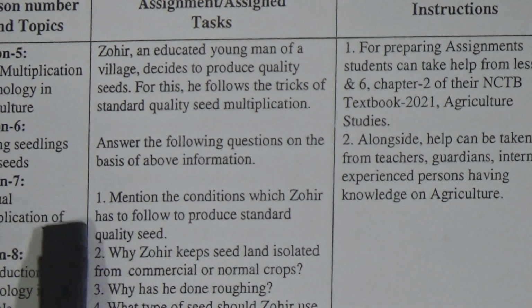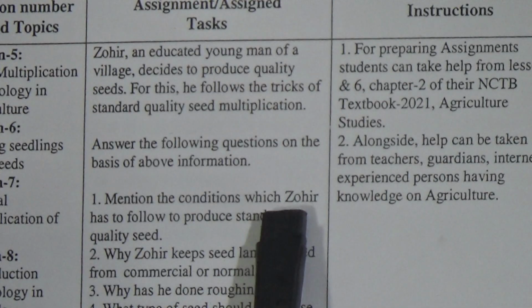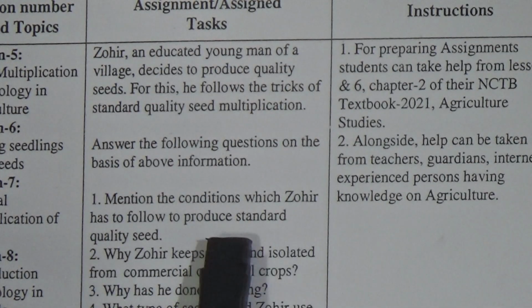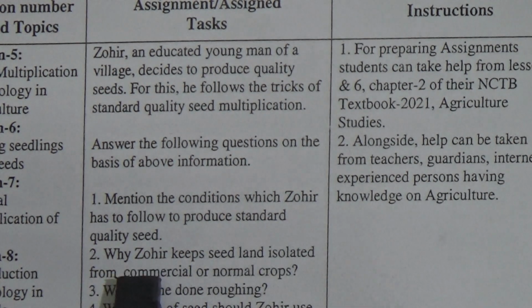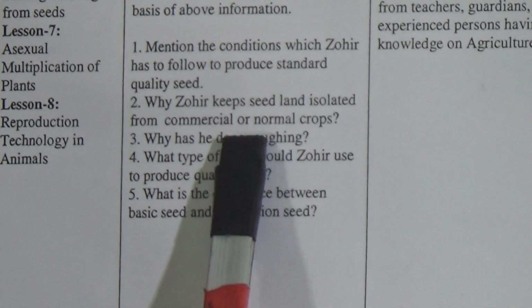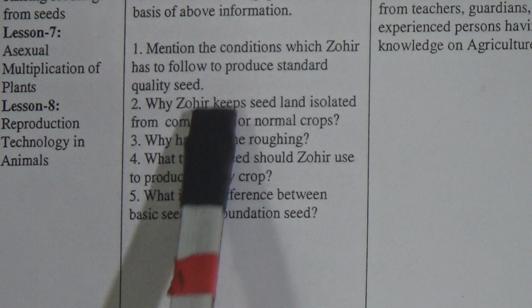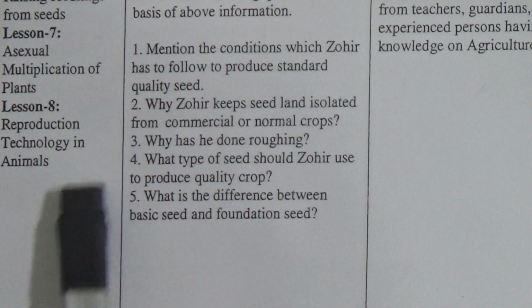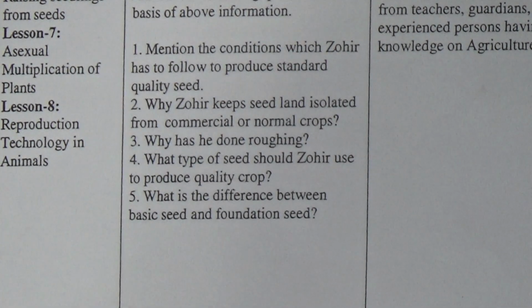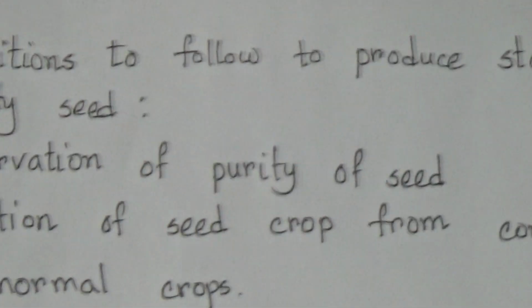Number 1 is saying, mention the conditions which Johir has to follow to produce standard quality seeds. Here you have to write the conditions he has to follow, and you will find this in your book, chapter 2, lesson 5. I have summarized it here for you. You can follow the conditions.